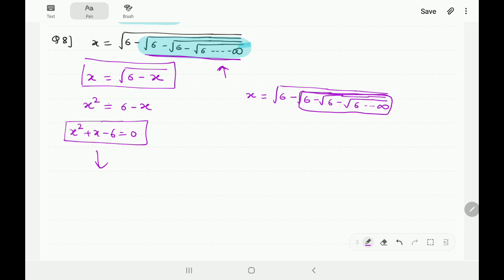I'm just going to erase the remaining part. Isn't it looking like again x only? So this is the equation. This is the part I'm putting in here. That's it.